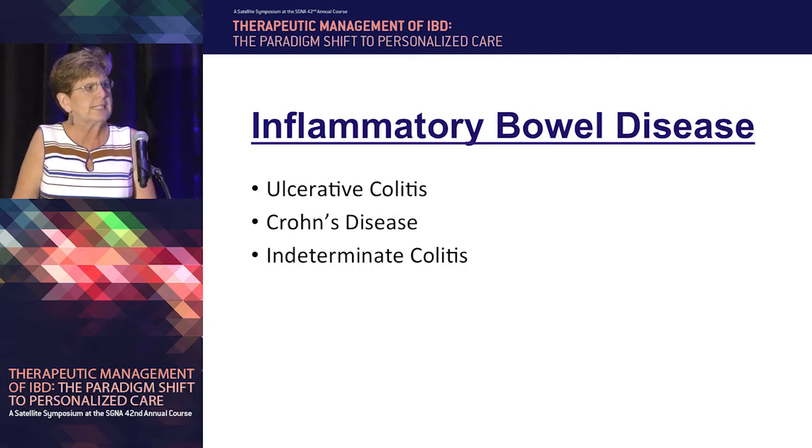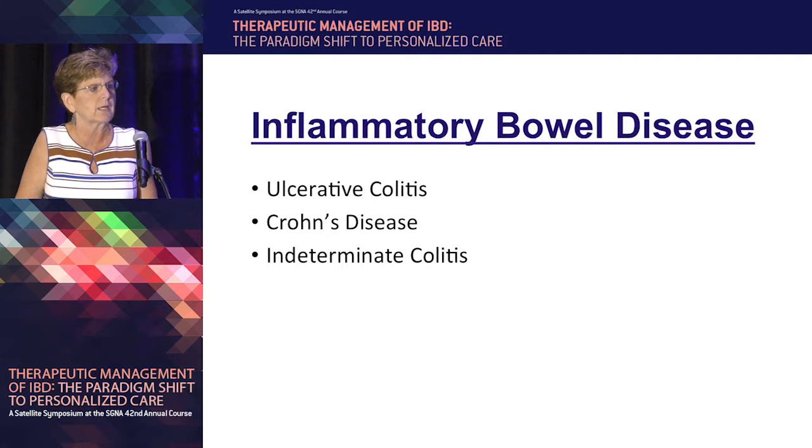This term came from back when pathologists were evaluating colectomy specimens on patients that had surgery, and they were unable to determine that it really didn't look like Crohn's, it really didn't look like ulcerative colitis, and was termed indeterminate colitis. But usually what we find out is that somewhere in the follow-up they tend to gravitate to one or the other. Now this is a term that's been used in clinical practice by our physicians when they're doing colonoscopies and biopsies.